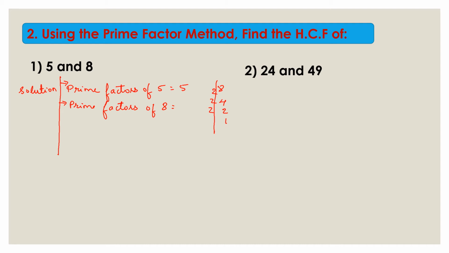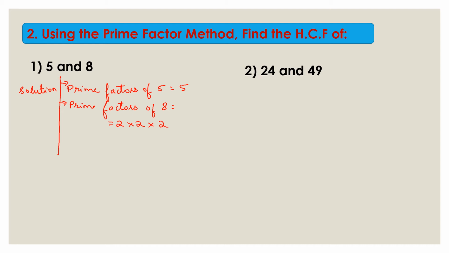You see the prime number dividing 8 is 2. So let's write 2 into 2 into 2. We see 2 2s are 4 and 4 2s are 8. So the prime factors of 8 are 2 into 2 into 2.